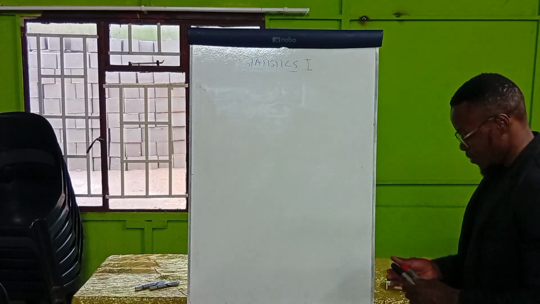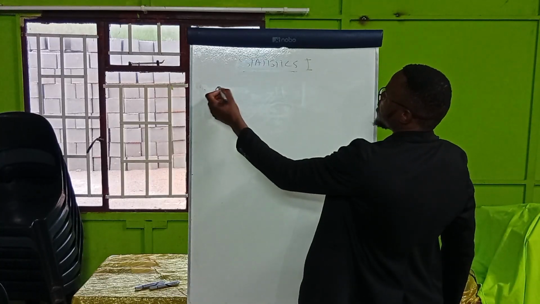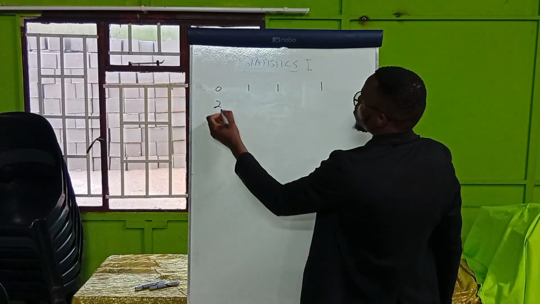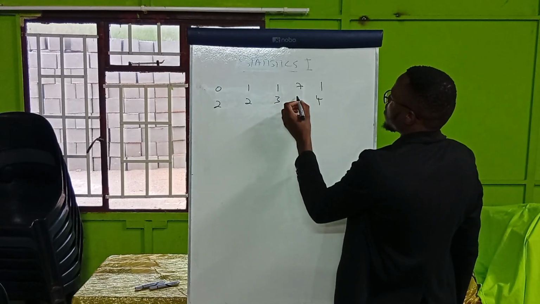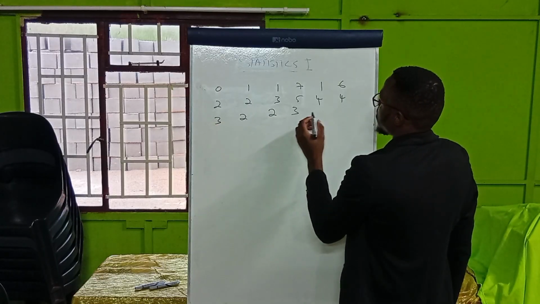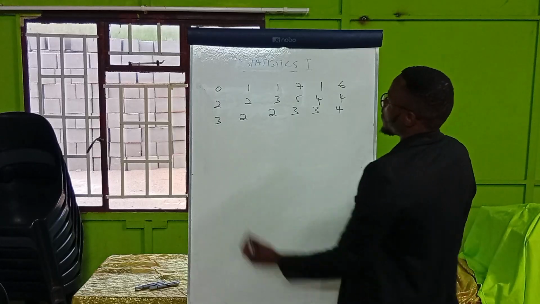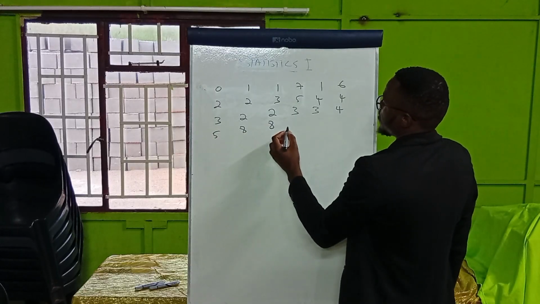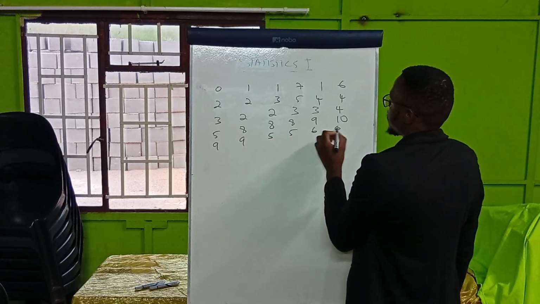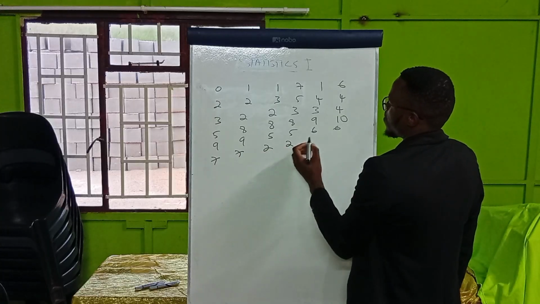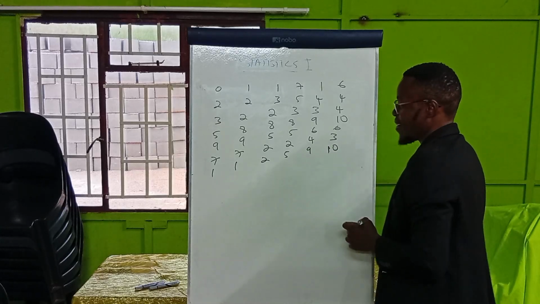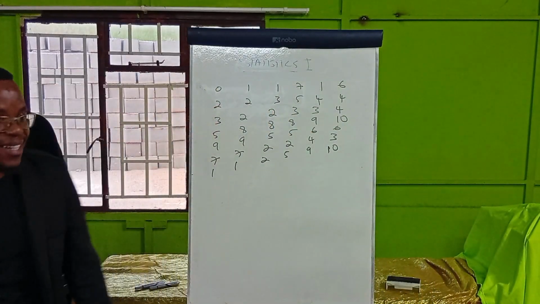So you can have a representation of data which is random like this: 0, 1, 1, 1, 2, 2, 3, 4, 7, 5, 6, 4, 3, 2, 2, 3, 3, 4, 5, 8, 8, 8, 9, 10, 9, 9, 5, 5, 6, 6, 7, 7, 2, 2, 4, 3, 1, 1, 2, 5, 9, 10. This is just random numbers that I've put randomly.